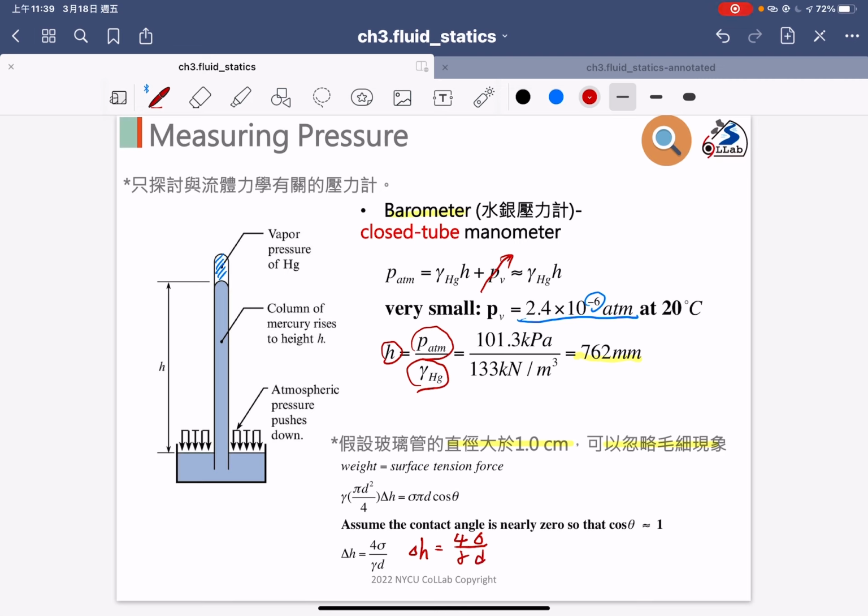So if I increase d, that means the rising height will decrease. So if I use a tube with a larger diameter, I can neglect the effect of the surface tension. So when we design the barometer, we will use a larger diameter tube.